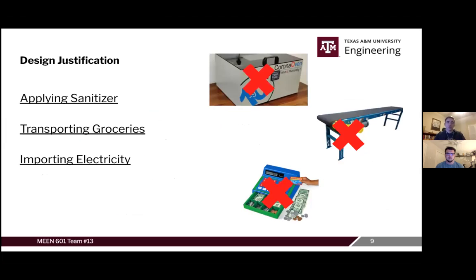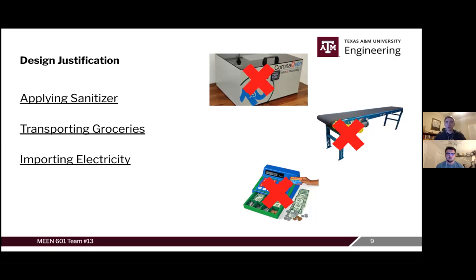And lastly, just to justify some of our design choices, the choice to apply the sanitization in the form of a chemical sanitizer was primarily related to the speed and energy efficiency of that. The sanitizer we specifically selected has a contact time of just 15 seconds to kill COVID, which is far faster than other methods like UV sanitization.